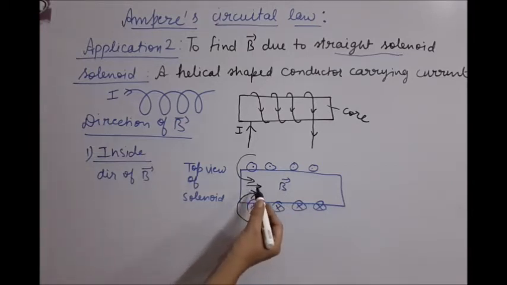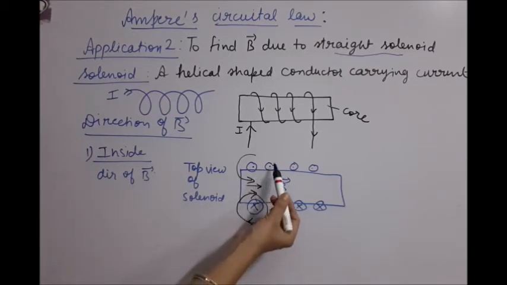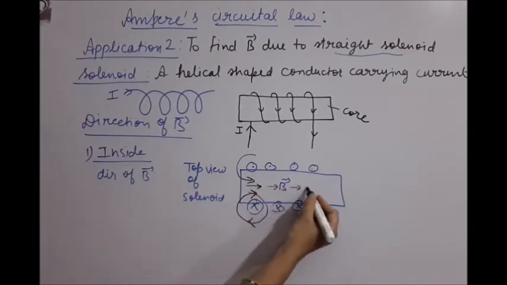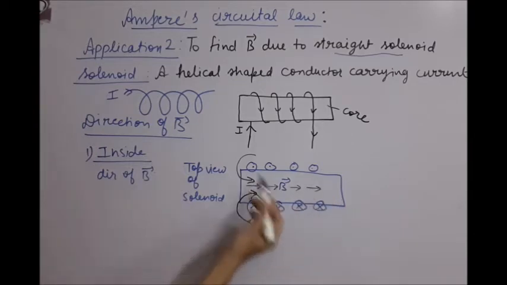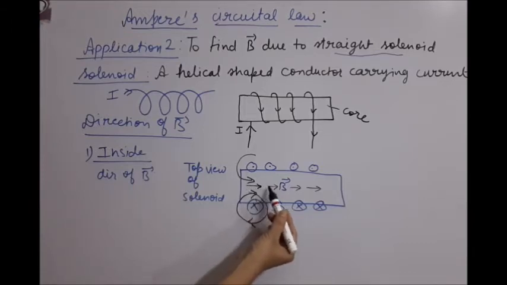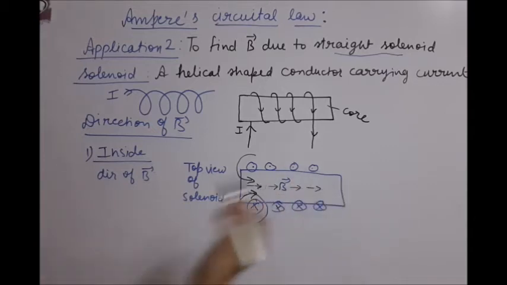In the same manner, we can apply the right hand thumb rule to find the magnetic field direction for this loop, means for this current and for this current. They will also get added. So for each turn, the magnetic field direction is parallel to the length of the solenoid. So this will be combined. This is the net direction of magnetic field.